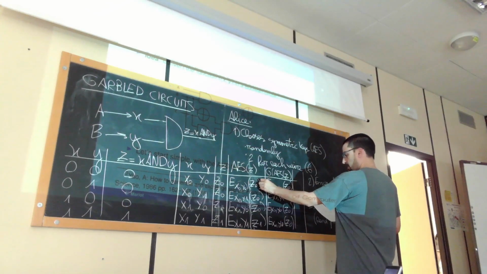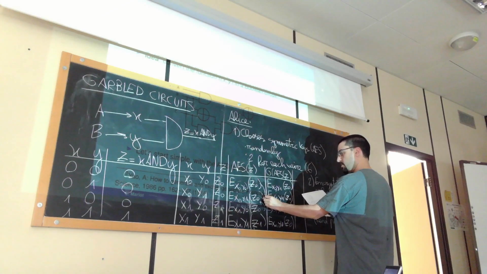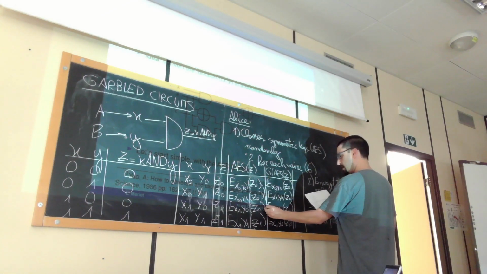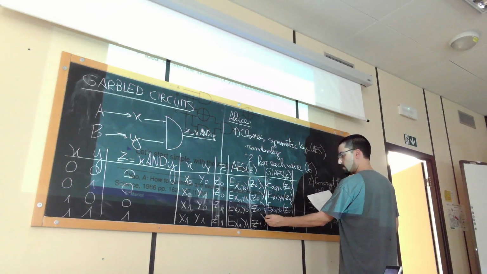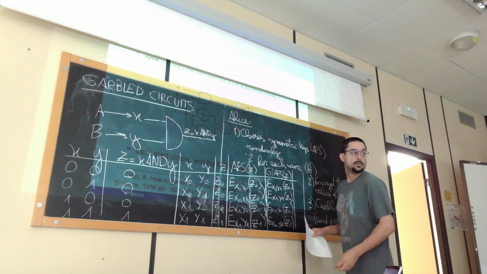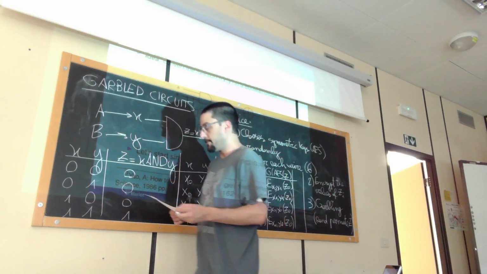So we moved these here, and then we moved 0, 1 here, and then we moved 1, 0 here, and finally 1, 1 we moved here. So this is the garbling, this permutation here.